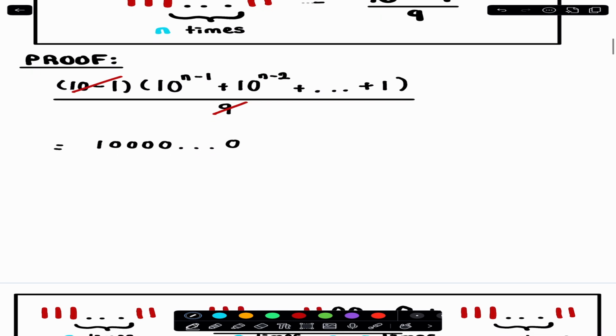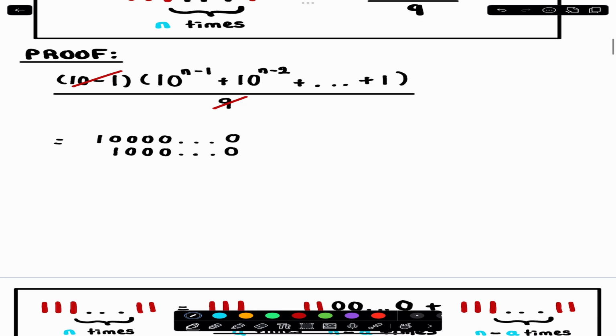Specifically, there are n minus 1 of these zeros. And then we're going to add plus 10 to the power of n minus 2. So everything has shifted over one place.